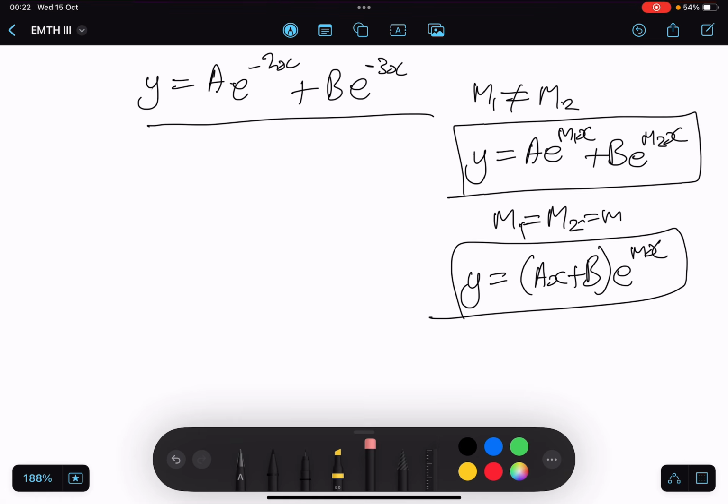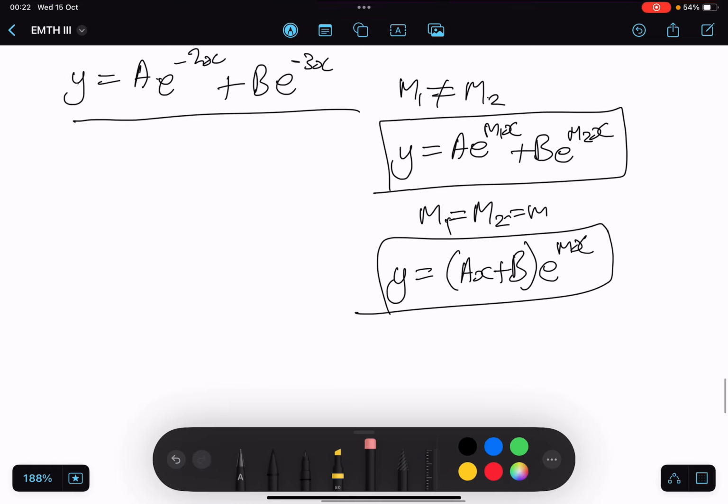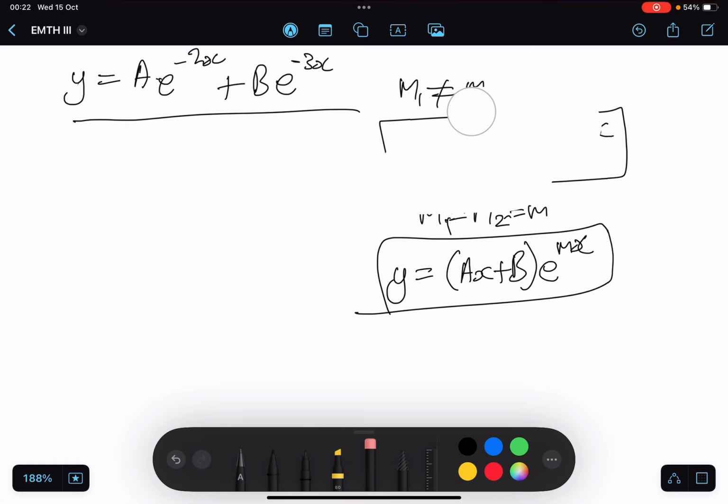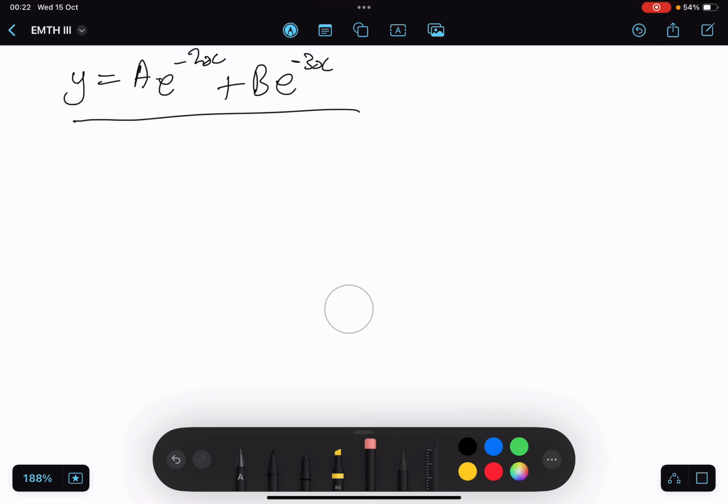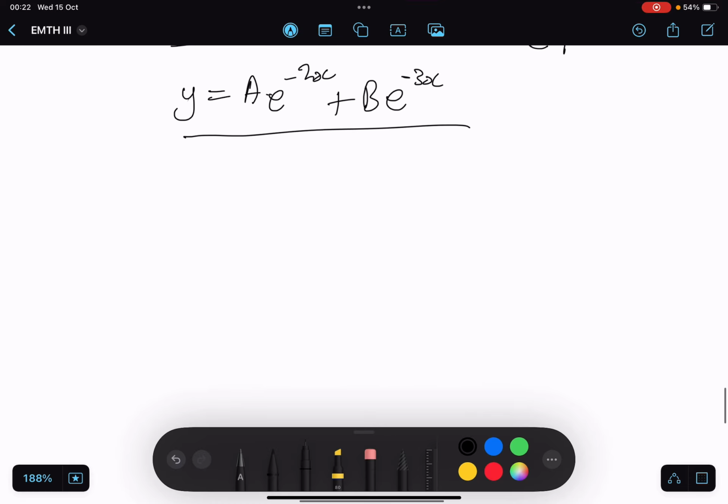We are given our boundary conditions to be x = 0 and y = 0, also dy/dx = 1.